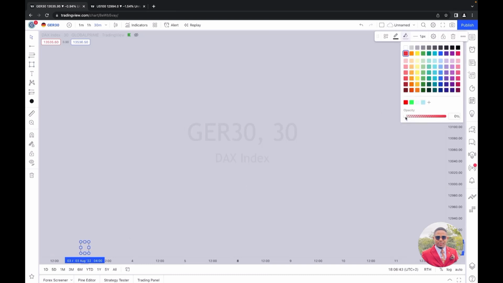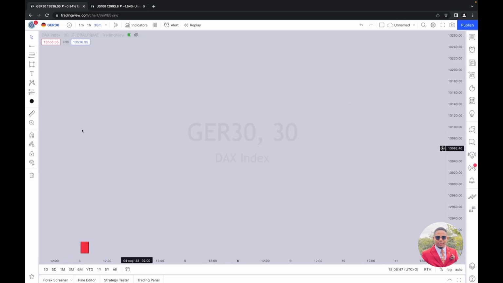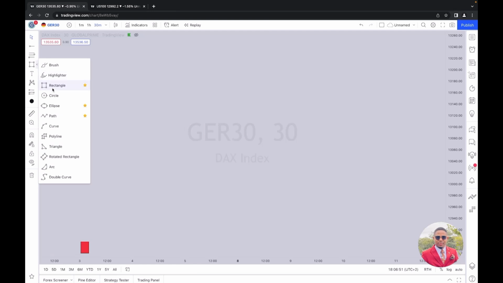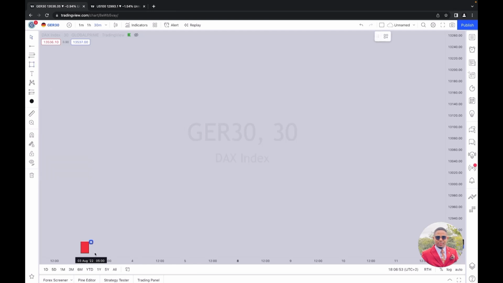There's always a red candle that we need to identify, then there's always a green candle. There's always a red like this, just so that you might understand. I don't want you to find it hard here. So this is for a buy.